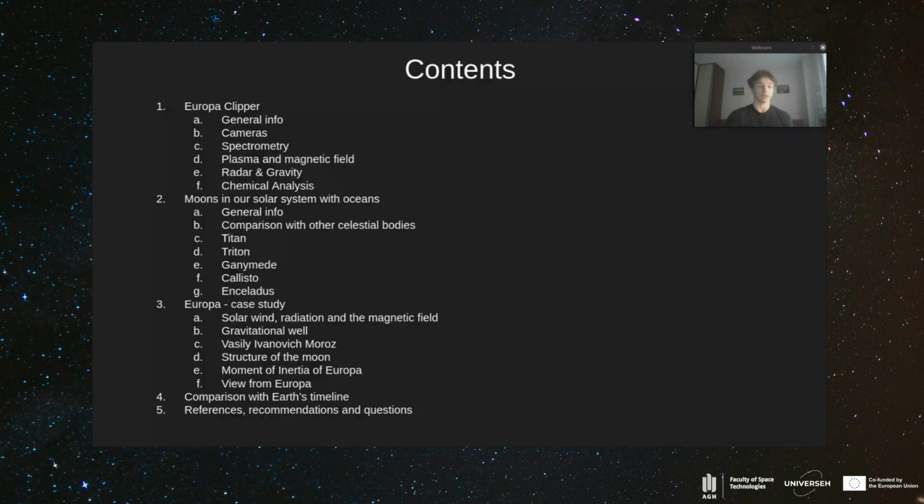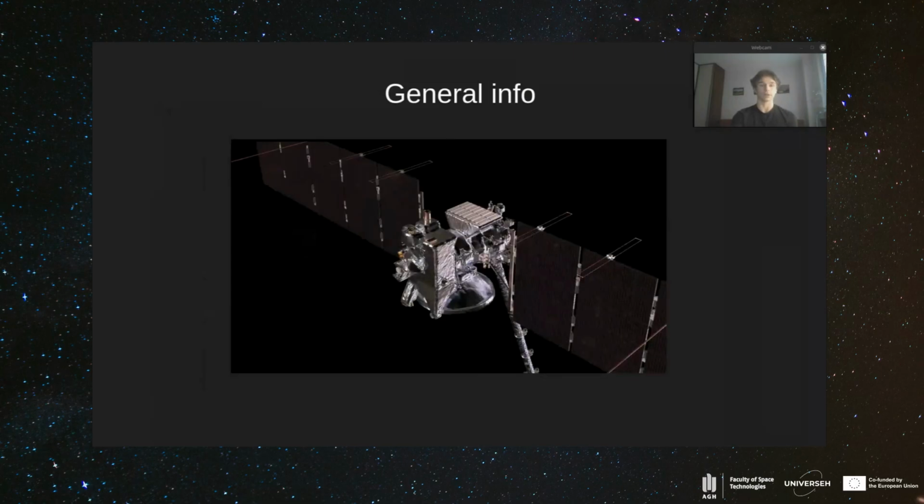So beginning, I would like to present to you some general info about Europa Clipper. It was planned to launch on 10th of October 2025. However, due to harsh weather conditions, it was postponed to 14th of October. Europa Clipper spacecraft spans with its solar array wings 30 meters.